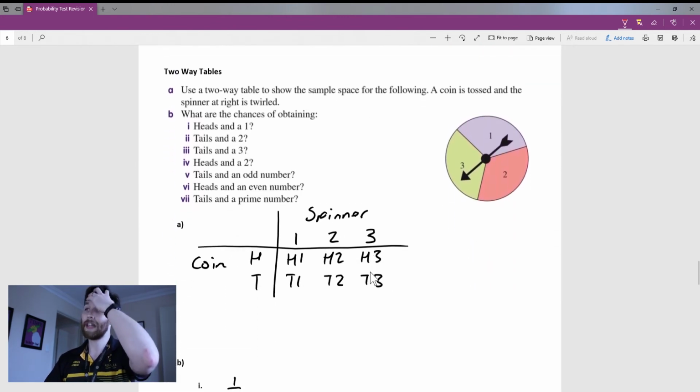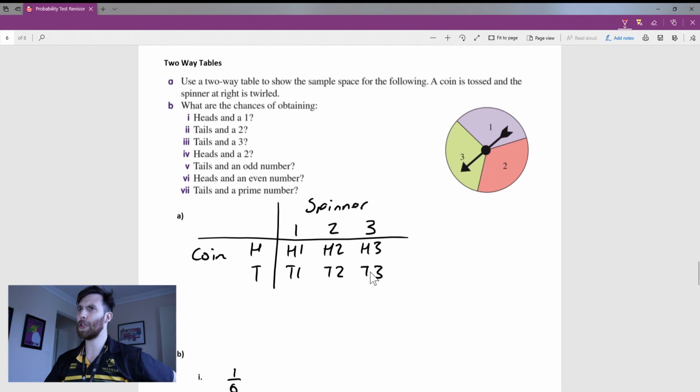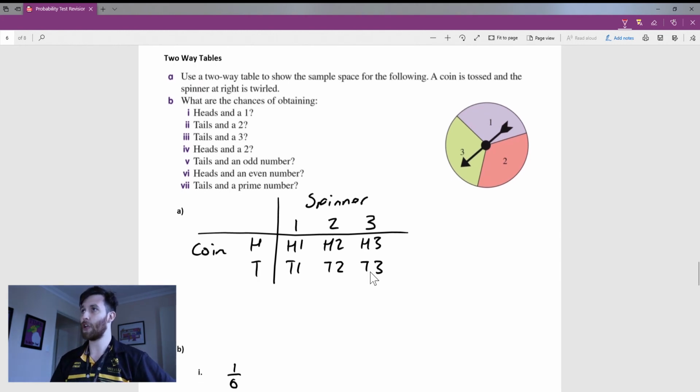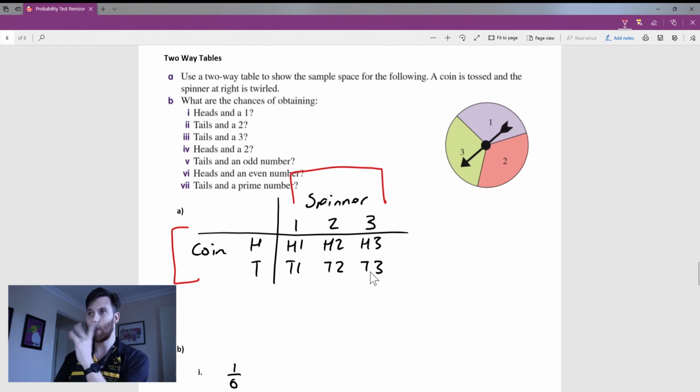Okay, moving on again. So using a two-way table to show a sample space for the following event. So we've got tossing a coin, which we've represented here on the left-hand side, and spinning a spinner, which we've put along the top there. So in a test, you'd need both components to the experiment.